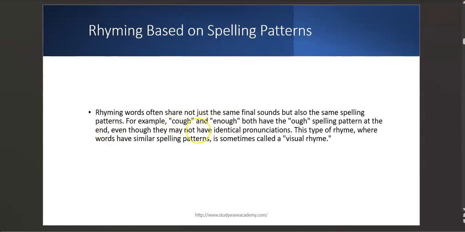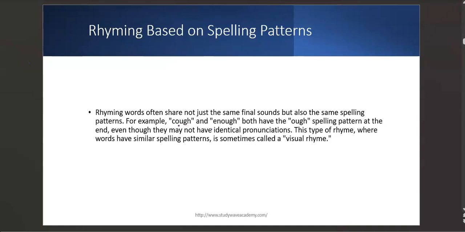When you see these two words, cough and enough, they both have something similar in them, and that is this word. Let me try and align it for you well. So this word off and this word off here. These two words, cough and enough, they have the same off spelling pattern.